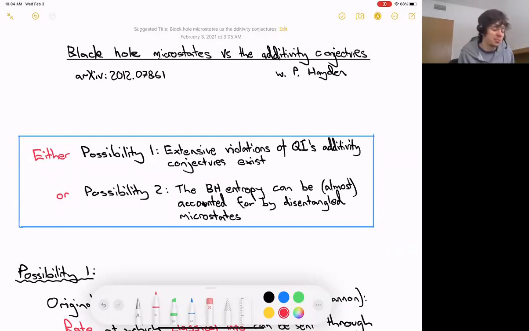But yeah, essentially we have these two possibilities: either we have what we call extensive violations of the additivity conjectures. That's going to be a thing about quantum Shannon theory. Or we're going to have a set of black hole microstates that we call disentangled microstates that can explain the whole Bekenstein-Hawking entropy of a black hole in AdS/CFT up to at most some order 1 correction.